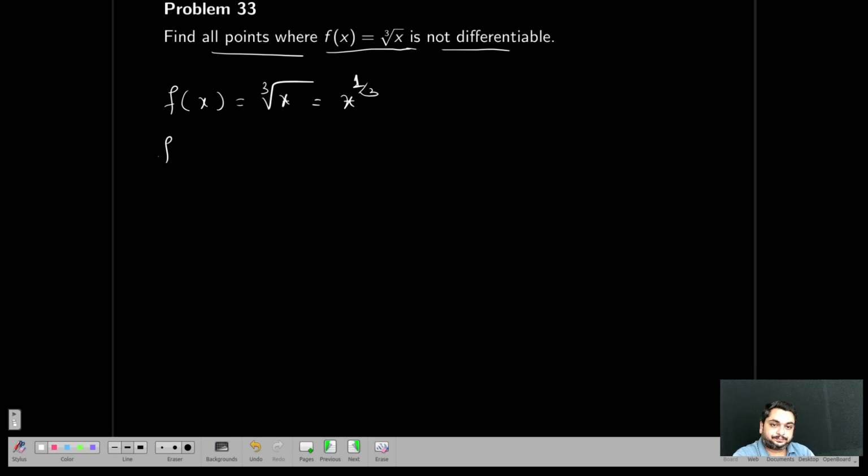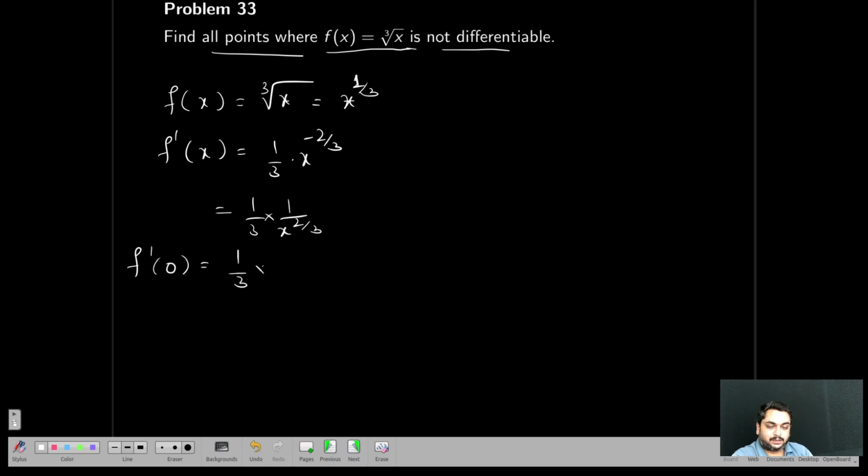Now, f dash of x equal to 1 by 3 into x to the power minus 2 by 3, or I can write it as 1 by 3 into 1 by x to the power 2 by 3. Now, if I put 0, f dash of 0 becomes 1 by 3 into 1 by 0.